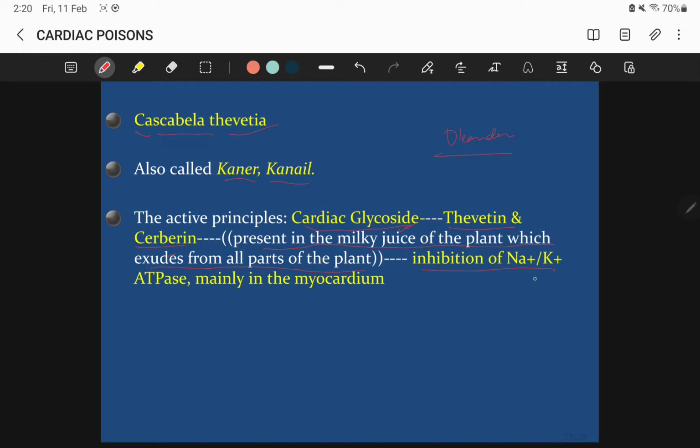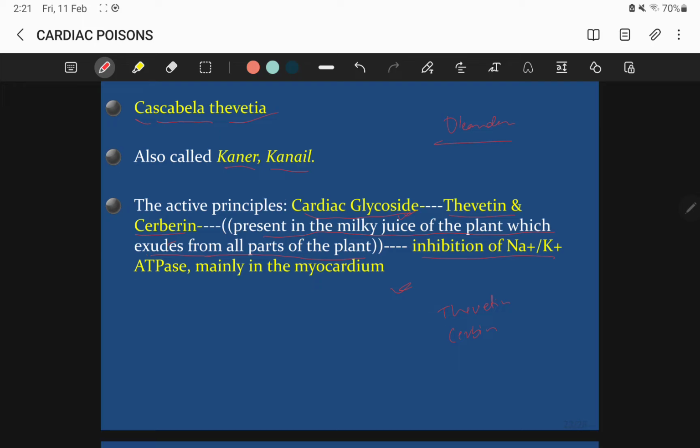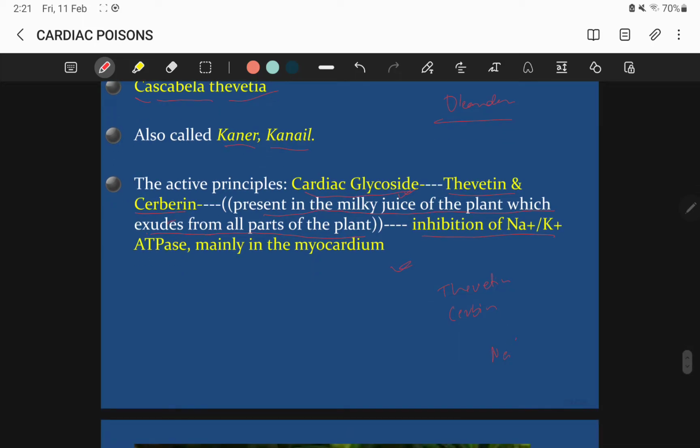And inhibition of the potassium and sodium ATPase, mainly in the myocardium. Oleander contains thevetin and cerberin, thevetin and cerberin, and it will also hamper the sodium potassium ATPase.